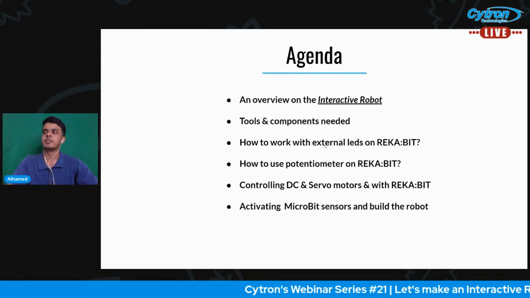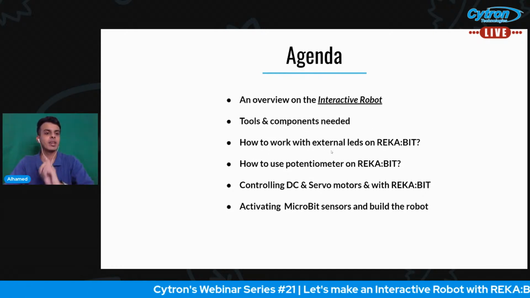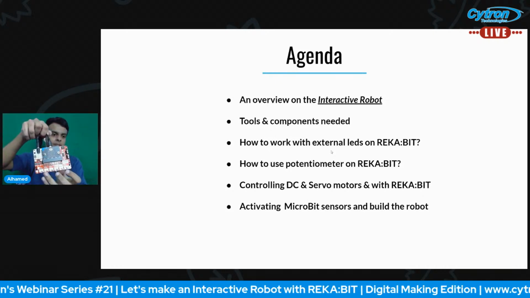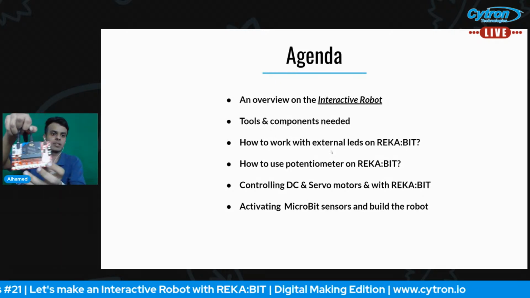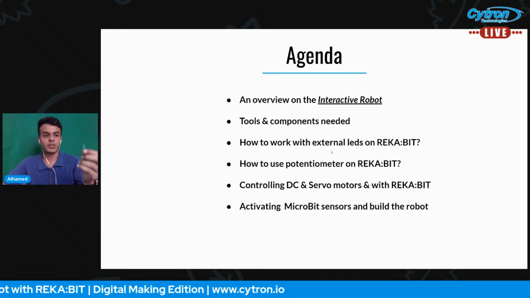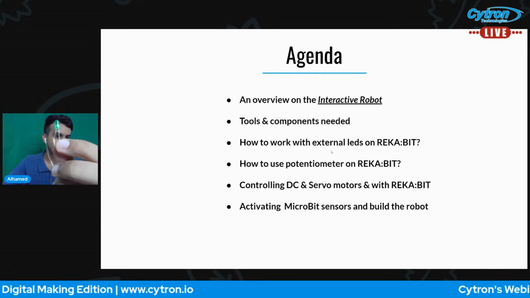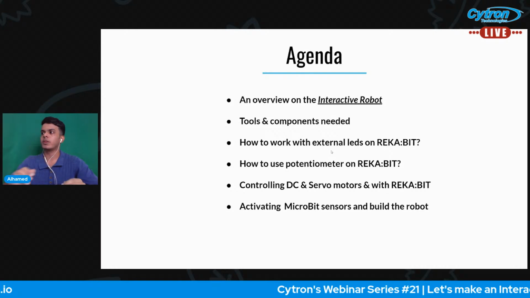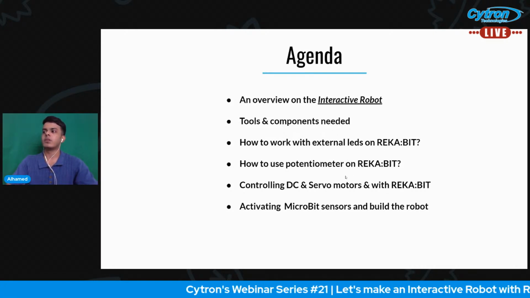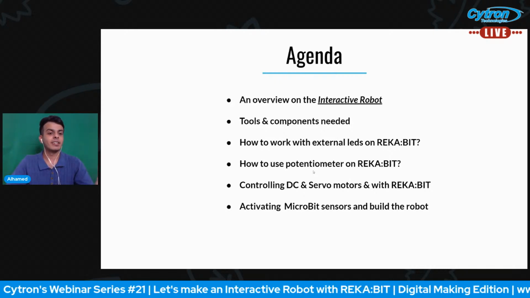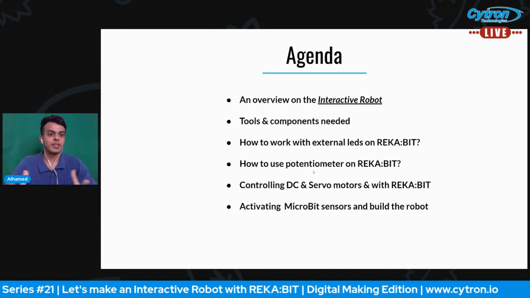Notice I'm saying external LED because we already have an LED on the REKA bit at the bottom here. But this time we will learn how to deal with this kind of LED. Then we will also learn how to use the potentiometer with REKA bit, and we can do many cool things with it.